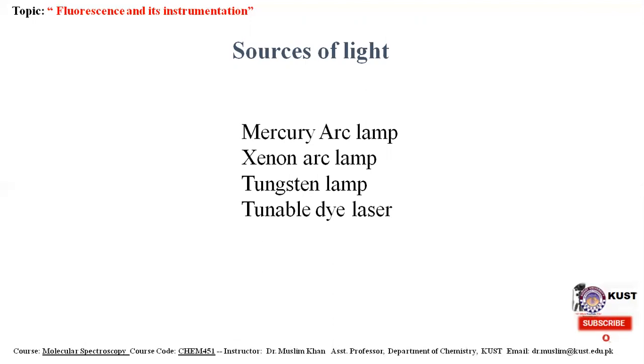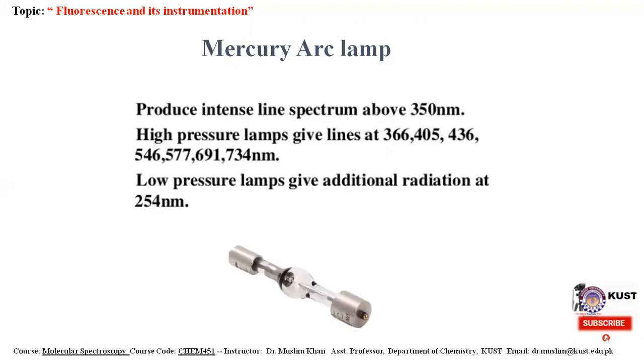It depends on the specific wavelength of the sample. Different sources are used. First of all, the mercury arc lamp is producing an intense line spectrum above 350 nanometer.